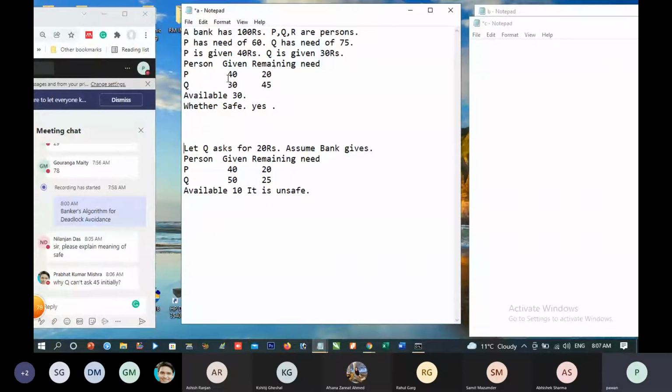After P is over, he will return 40 rupees. So with 40 plus 30, 70 rupees, needs of Q can be satisfied. So Q can also be made over. Is it correct? What is your problem? Ask your doubt. Any doubt?